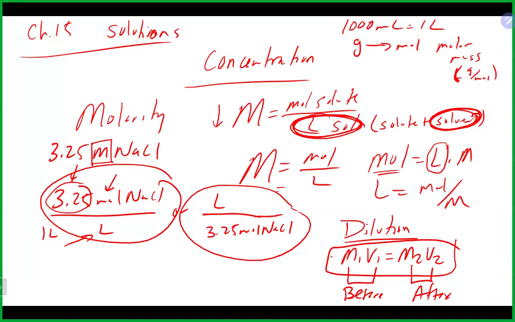There is a more generic version that sometimes people use for dilution, which is C1V1 equals C2V2. C there is just a generic concentration unit. A lot of times people use M1V1 equals M2V2 because molarity is the most common unit of concentration.